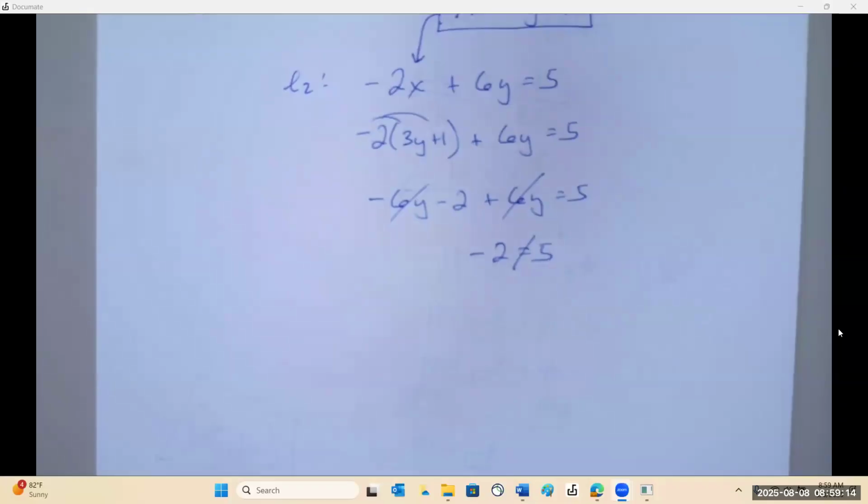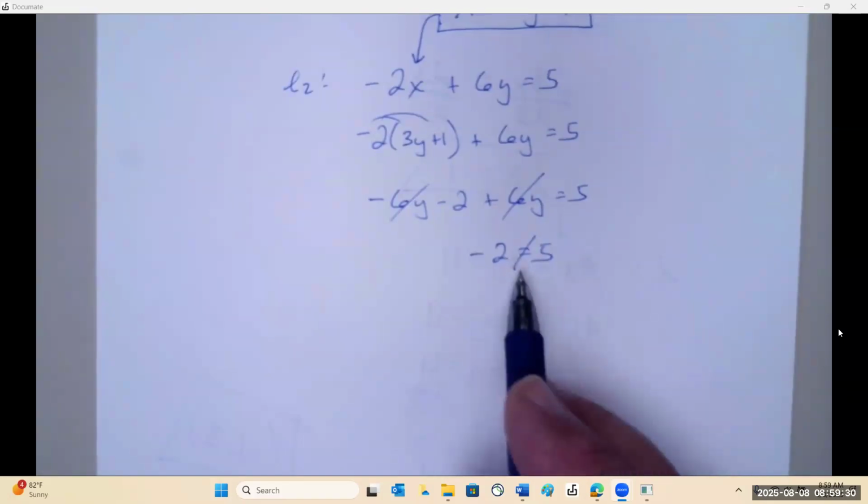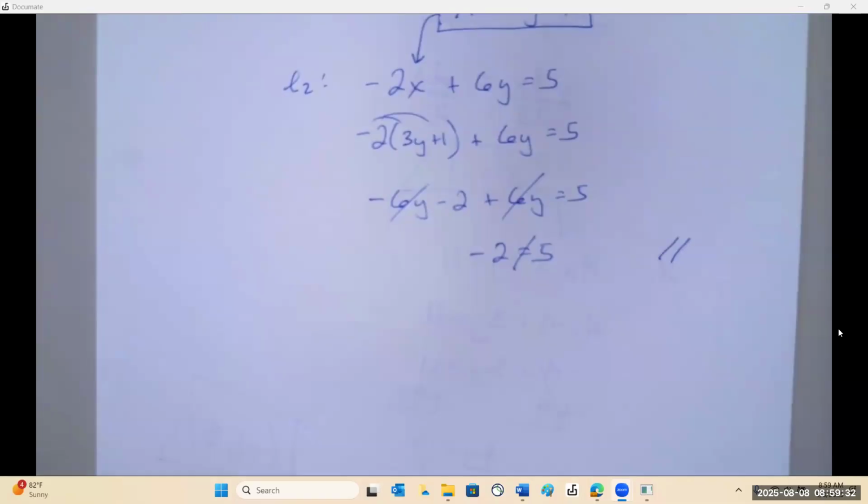If you ever get to a point when this happens, everything just cancels out and it doesn't equal, what do you think it means? Either the same line or parallel. If it was the same line, wouldn't they be equal? Since they're not equal, they're parallel lines. They're inconsistent and independent.